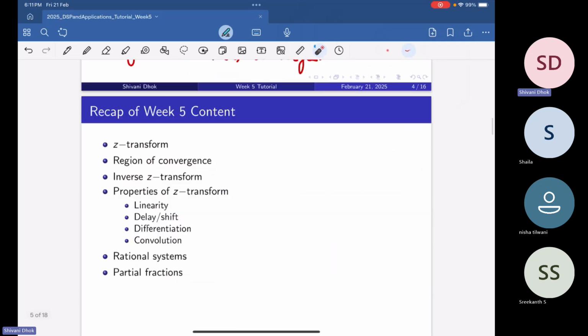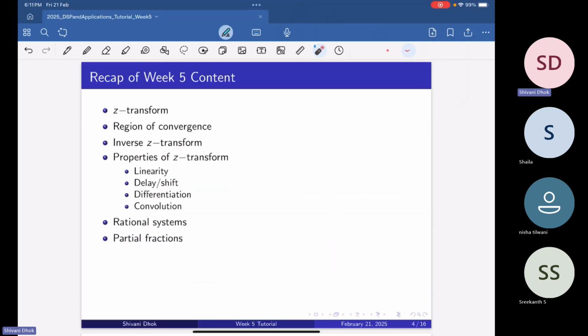After that, we looked at how to find the inverse Z transform. We said that finding it using the exact equation is difficult.